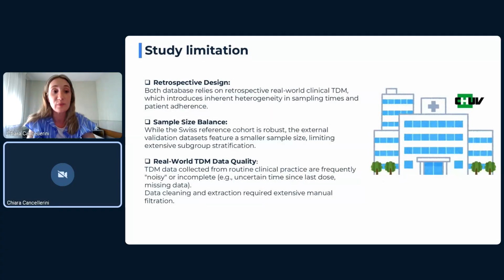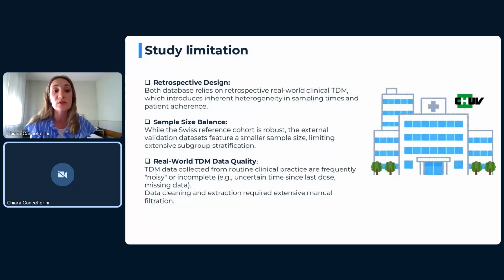Regarding the retrospective design, first, our reference model was built on a retrospective real-world dataset from SHUV. This means that the sampling times came from routine clinical practice, not a strict protocol, so naturally we can introduce some noise and heterogeneity into the pharmacokinetic data.